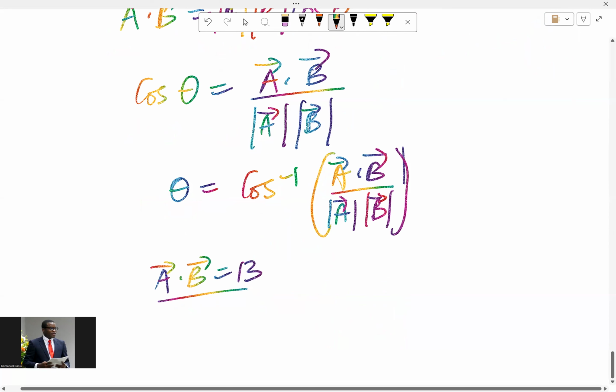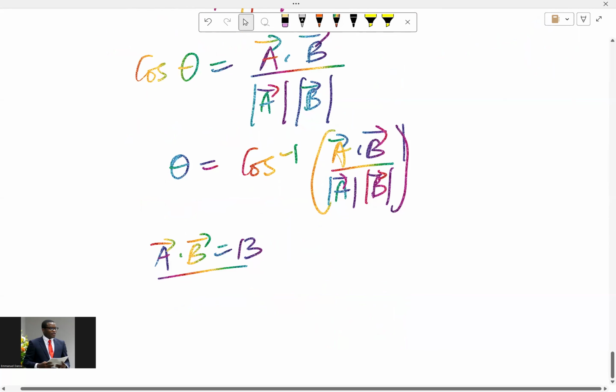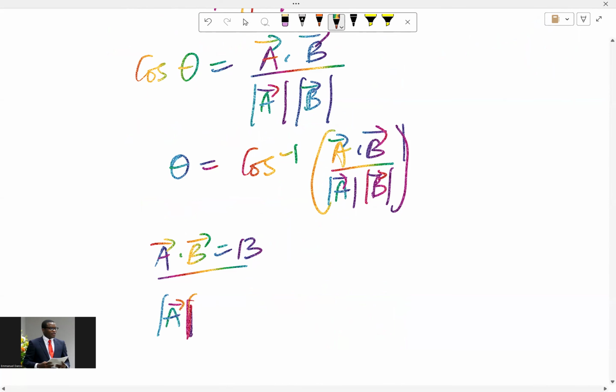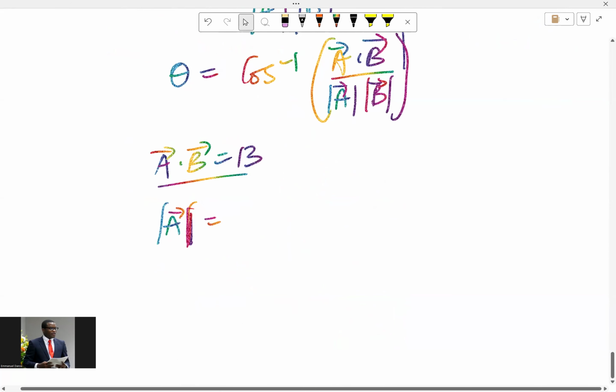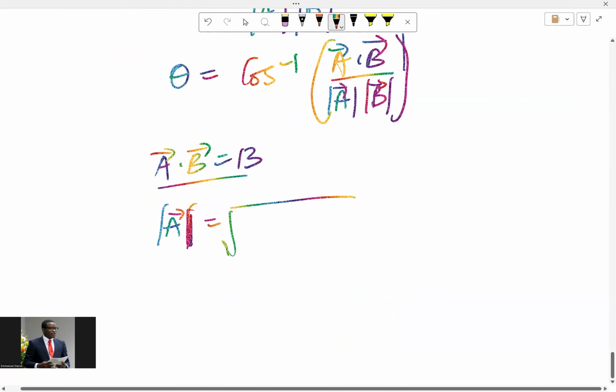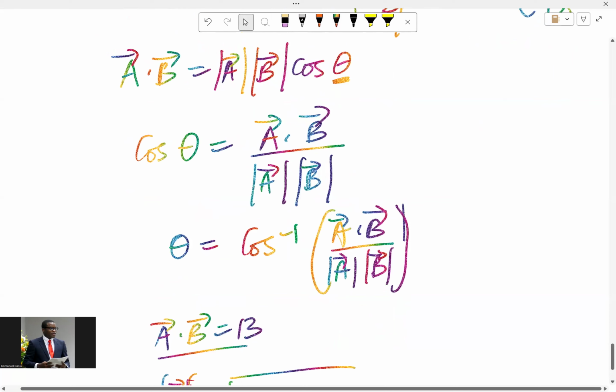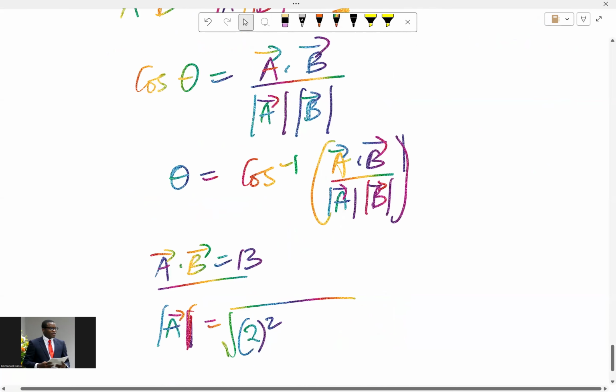Then the next thing we need is the absolute value of A, the magnitude of A. We know A is 2, minus 3, 5. That will simply be the square root of 2 squared plus minus 3 squared plus 5 squared.